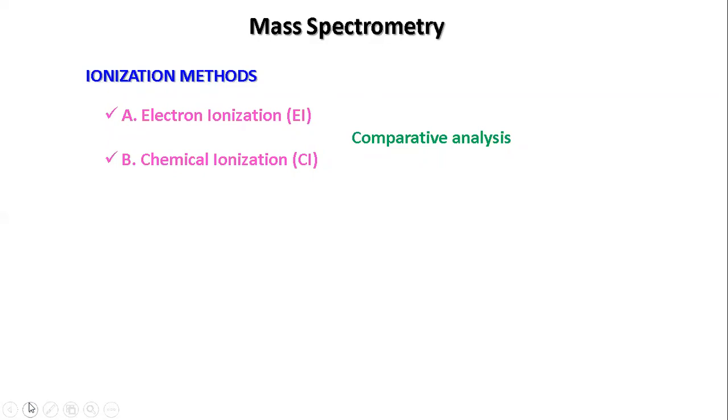We saw how the cations are directed towards the analyzing chamber. In a reverse way, the negative ions can also be analyzed. In that situation, you just have to reverse the potential.